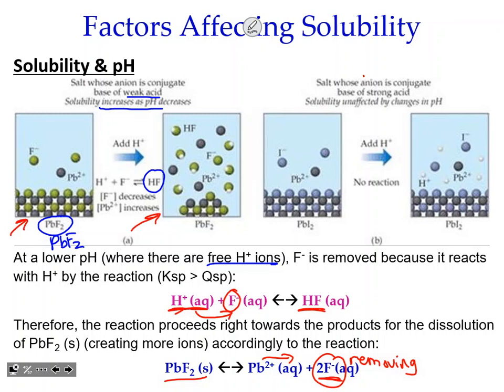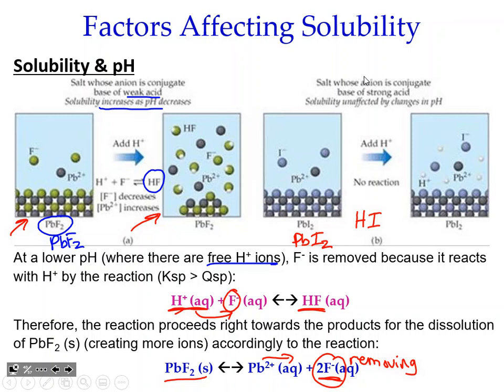The diagram over to the right doesn't work the same way, because here you're talking about lead 2 iodide, and iodide is the conjugate base of the strong acid hydroiodic acid. Hydroiodic acid is one of the strong ones. Remember, it's hydrobromic, hydrochloric, hydroiodic, perchloric, chloric, sulfuric, and nitric. So, 7 strong acids.